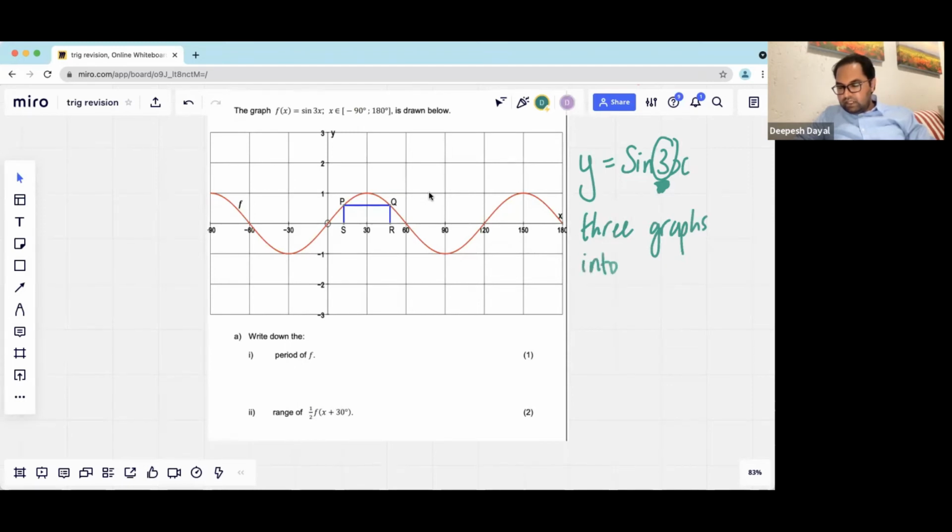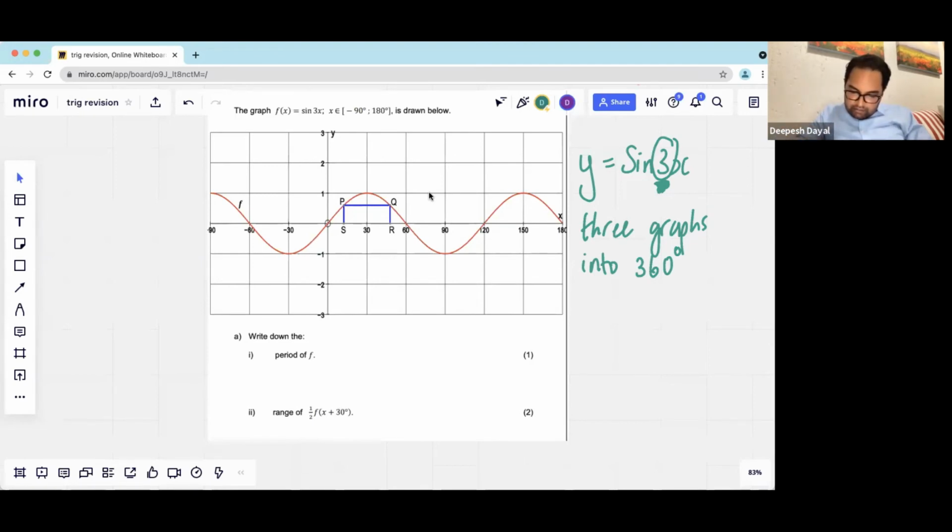So if 3 graphs go into 360 degrees, what is the degrees for a full graph, for each full graph there? If 3 graphs give us 360, what is the degrees for one of them? Look at this diagram. Have a look.